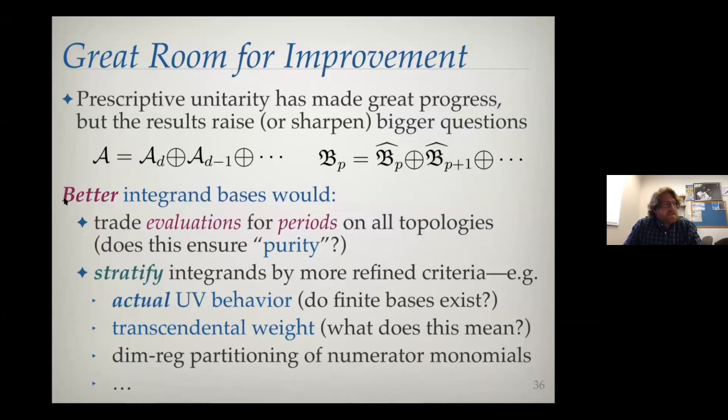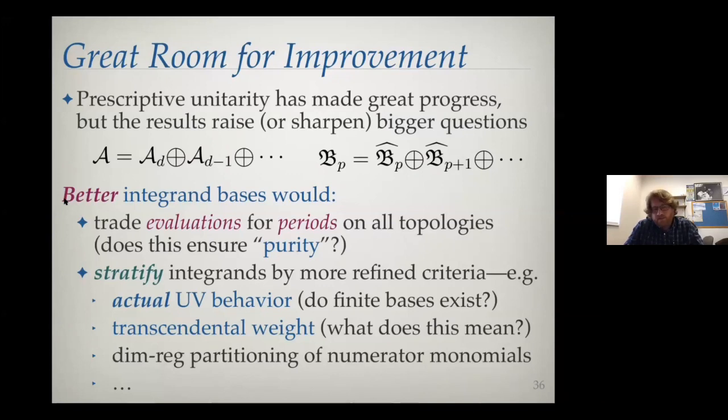But the problem is, and this is where it starts becoming really interesting to think about for future research, that when you start constructing integrands in a regularization scheme, the structure of those integrands in your basis becomes regulator dependent. It doesn't mean that your finite correlation functions or cross sections will be, but it means that you're representing it in a regulator dependent way. And there's some evidence that dimreg is kind of bad for transcendental weight.